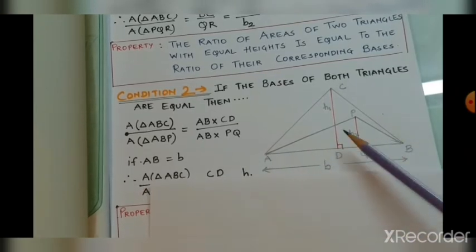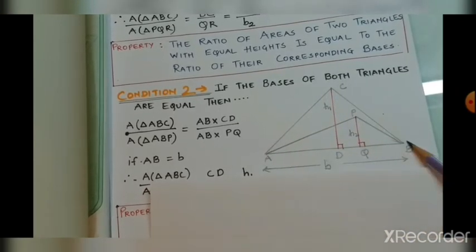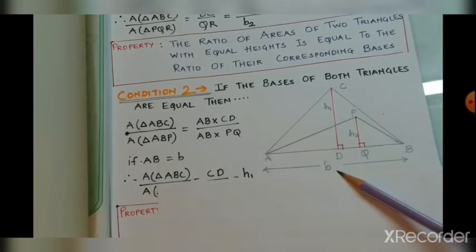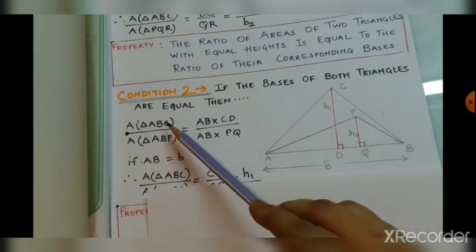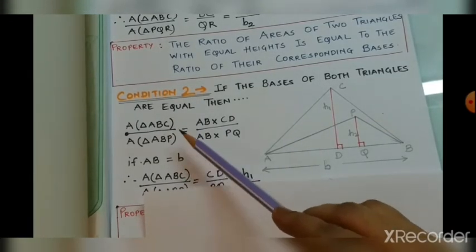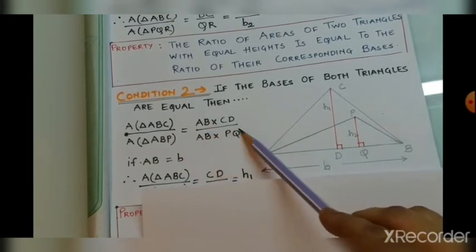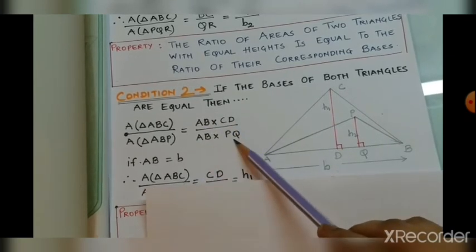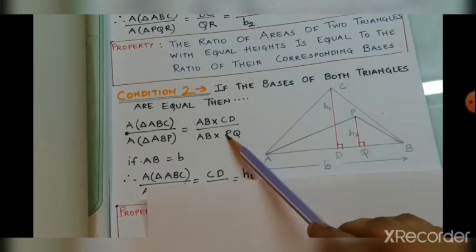AB is the common base for this big triangle and this smaller triangle. Therefore, I have written only B. So what will happen in such case? Ratio of the areas of the two triangles is equal to the ratio of the product of their base and height. Okay, we have used the first property here.